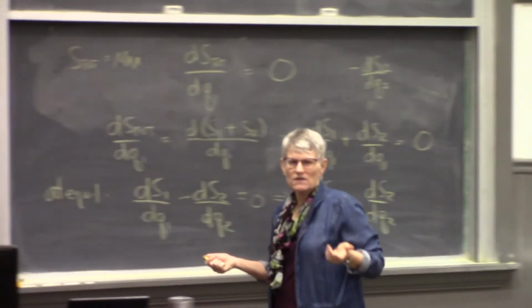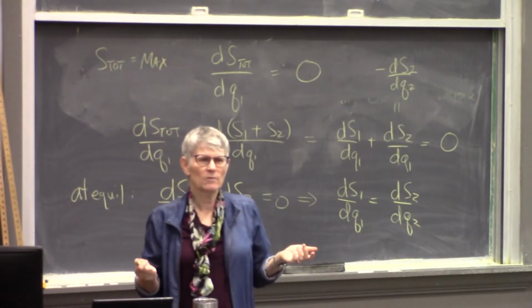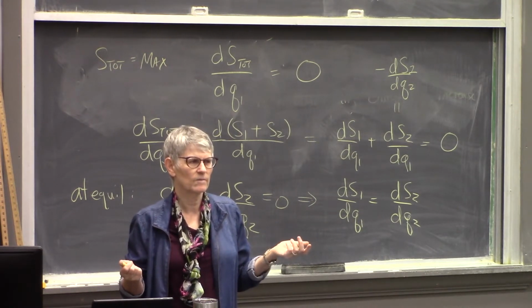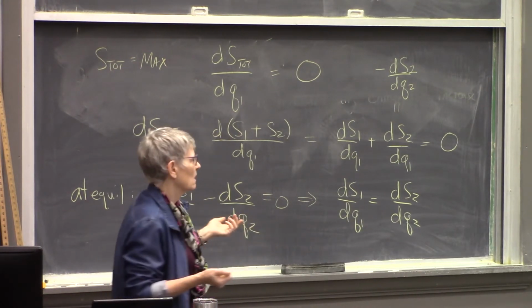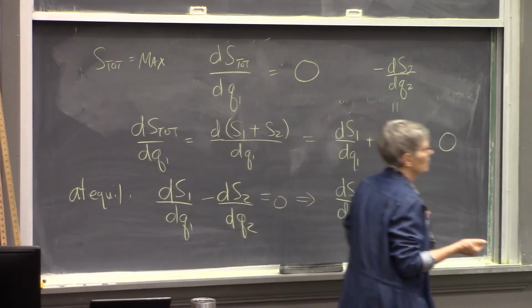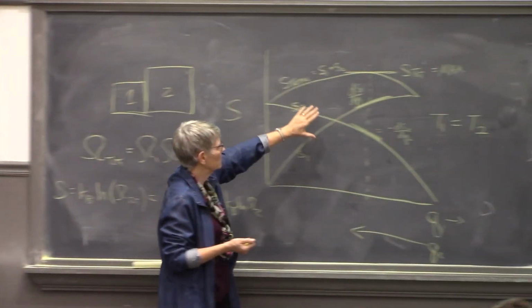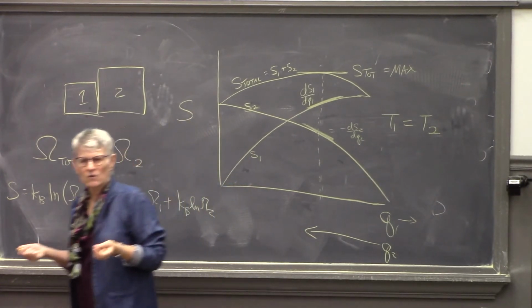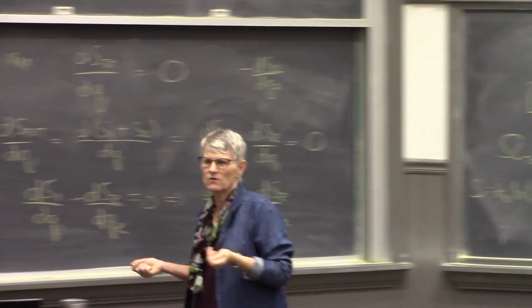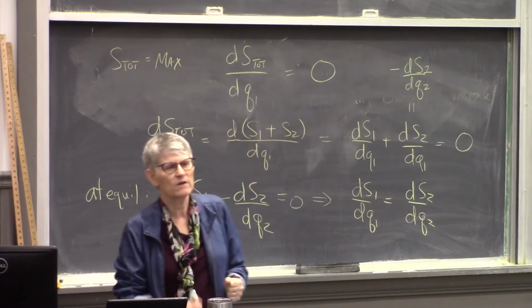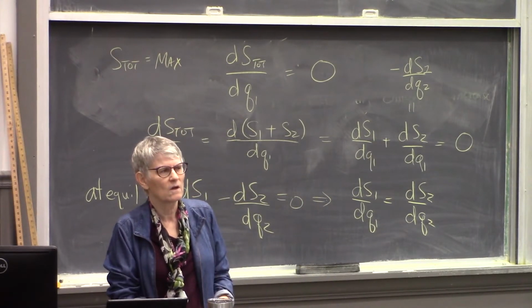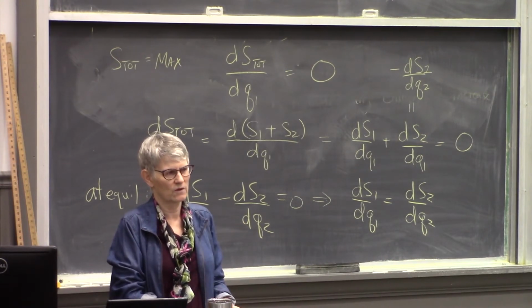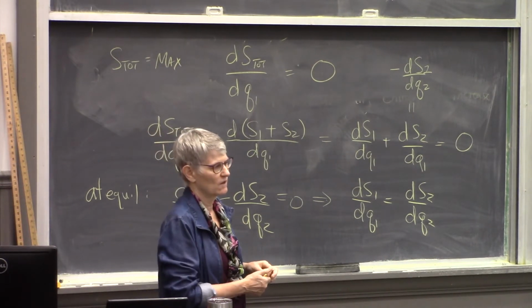Well, that's suggestive because at equilibrium, the temperature of the two blocks is equal. And so the fact that these two derivatives, the slopes of these two lines, are equal suggests that this has something to do with temperature. Now, it could be the temperature, though, or it could be 1 over the temperature. We're not sure here.